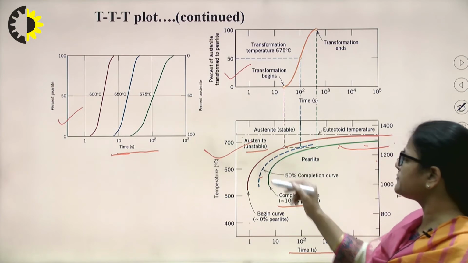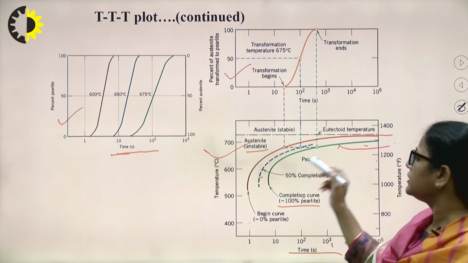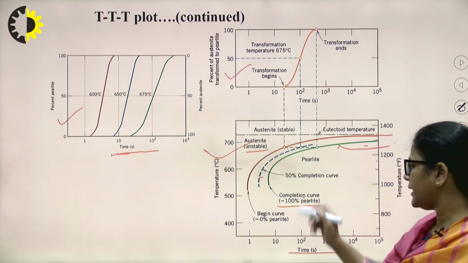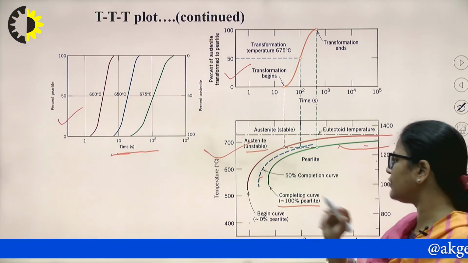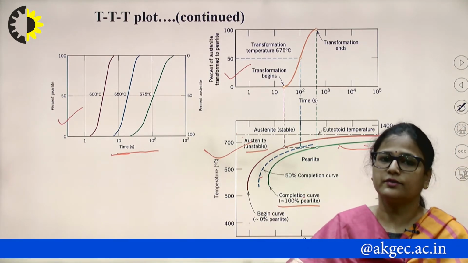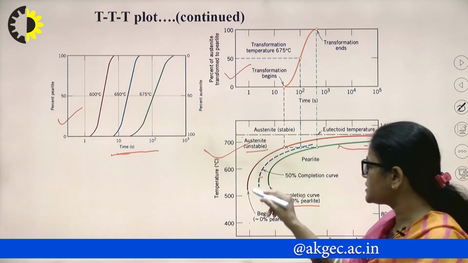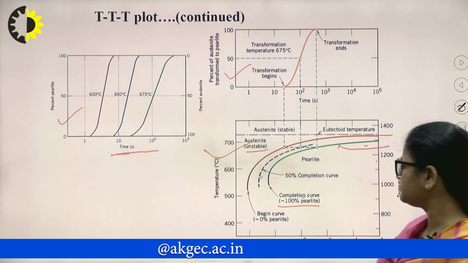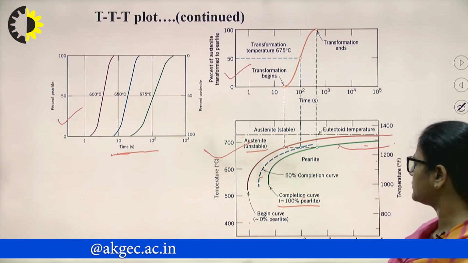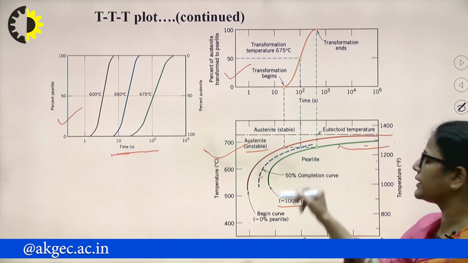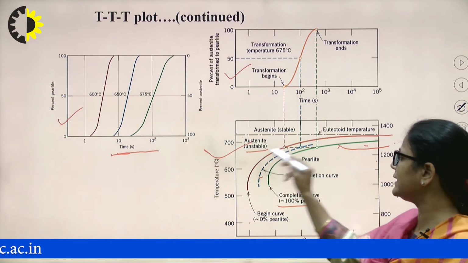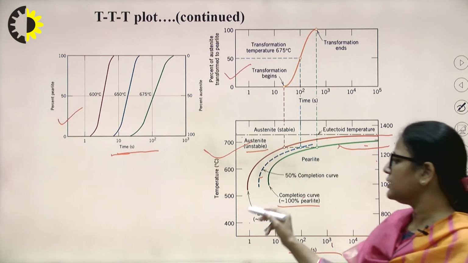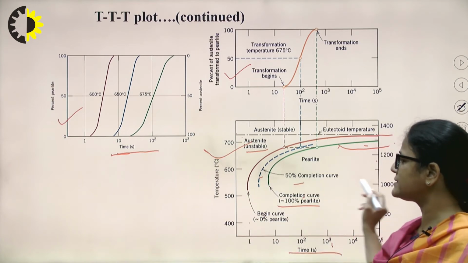These two curves are nearly parallel, and the transformation rate decreases with decrease in temperature. At about 540 degrees centigrade, the transformation starts at about 3 seconds. On the right side of the green curve, the austenite is completely converted into the pearlite phase for this temperature range, up to 540 degrees centigrade.